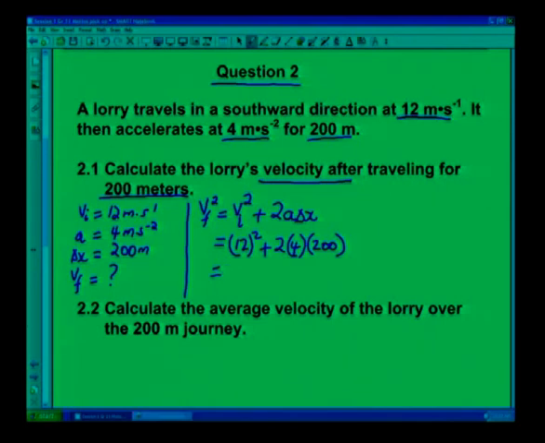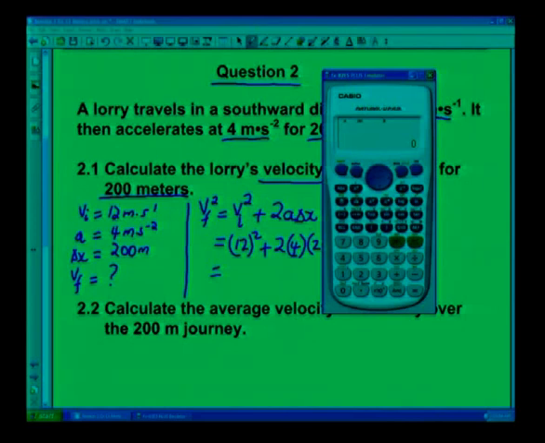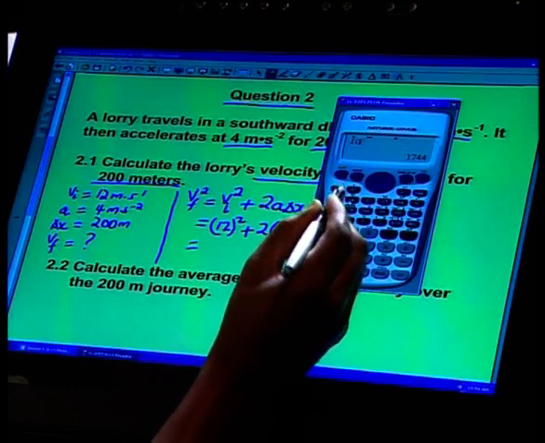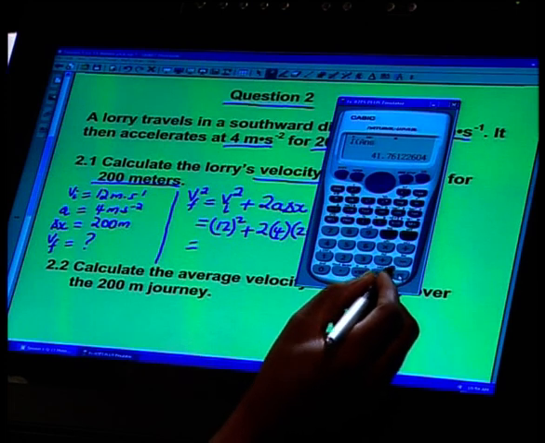So we can quickly find the answer to this. Let's use our calculator for that. We've got 12 squared plus 2 times 4 times 200. And what's the answer? We've got 1744, and you know that this V final will be the square root of that, so let's take the square root and see what we get.